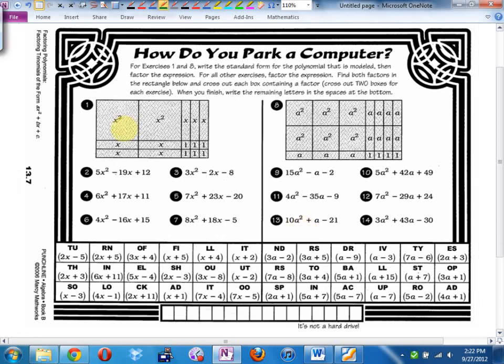So it's saying, first of all, write out the polynomial expression. Number 1 is 2x squared plus 7x plus 6, and then factor it. Same with number 8. When you factor them, it says find both factors in the rectangle below. With me? And cross out each box containing a factor. So each question you're going to cross out 2 boxes.